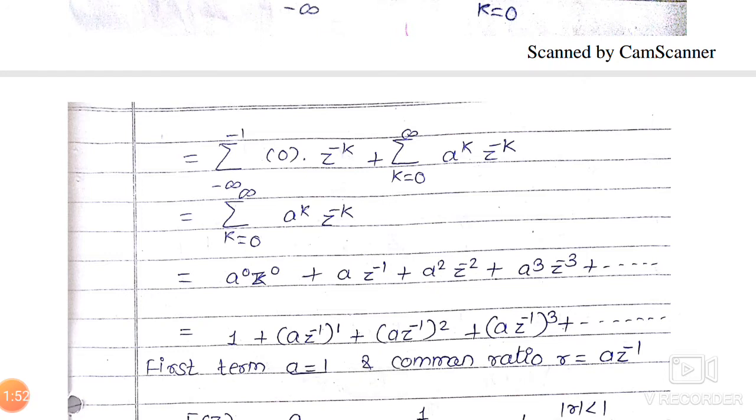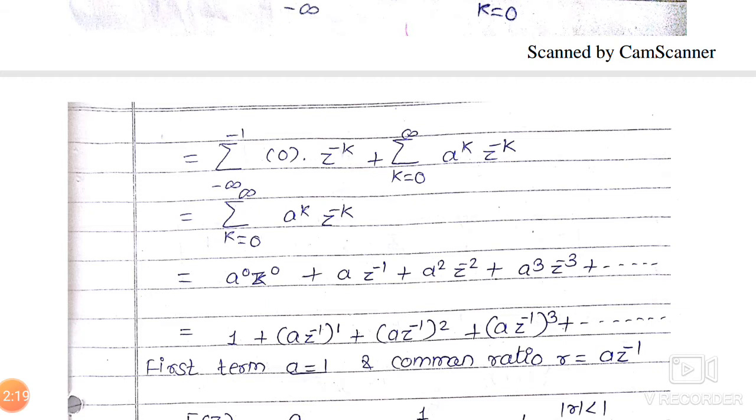Az inverse raised to 1, and we can write this a square z raised to minus 2 as az inverse bracket square. In the similar manner, a cube z raised to minus 3 can be written as az inverse bracket cube.